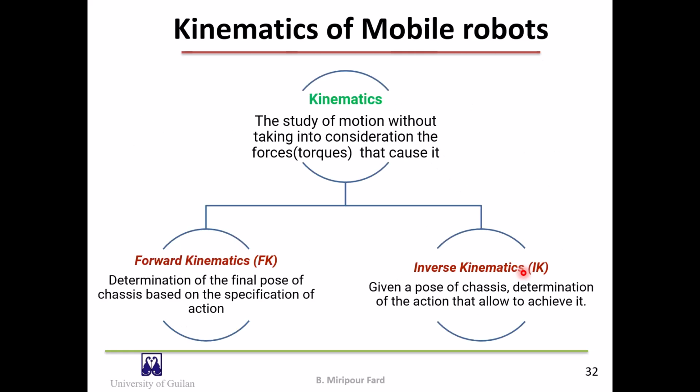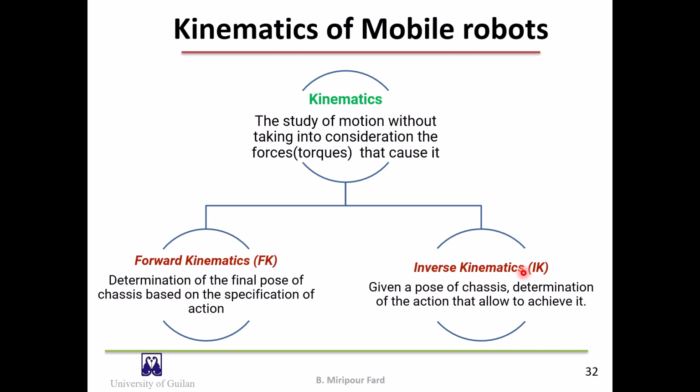Now we'll move on to kinematics, I mean the kinematic modeling of wheeled robots. As you know, the study of kinematics is often referred to as the geometry of motion. Kinematics refers to the study of motion without taking into consideration the forces and torques that cause it.